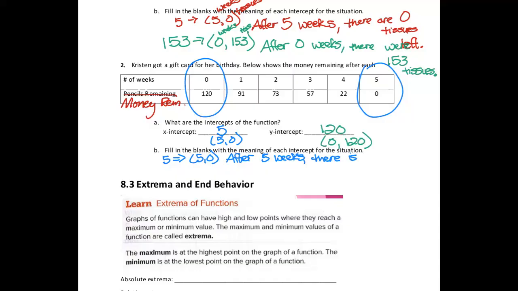Because the problem says someone got Kristen a gift card for her birthday, and the table shows the money remaining after each week. So after 5 weeks, how much money is left on the gift card? $0. There is $0 left on the gift card. She spent it all.